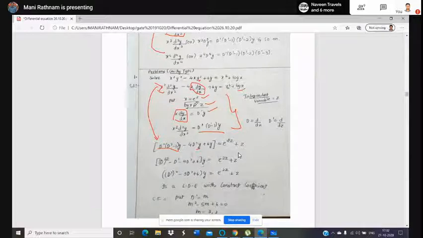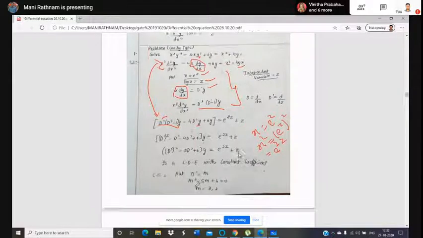Since x is e power z, x square becomes e power z whole square, which is e power 2z. Now take y commonly outside: D dash into D dash minus 1, minus 4 D dash, plus 6, of y equal to e power 2z plus z.